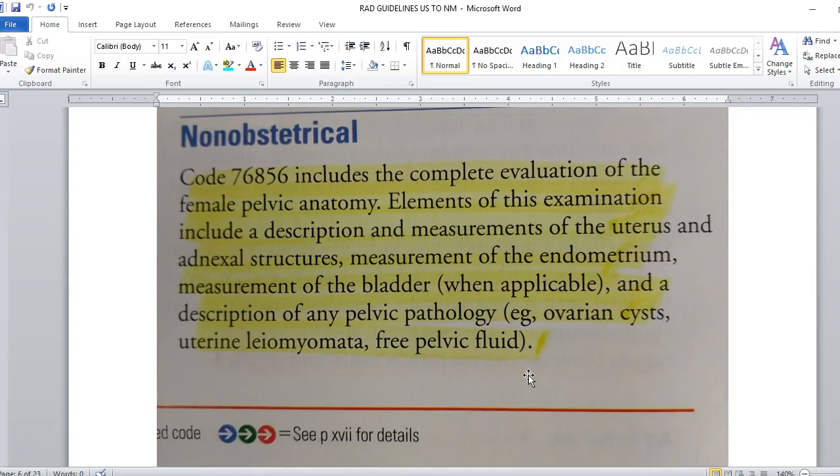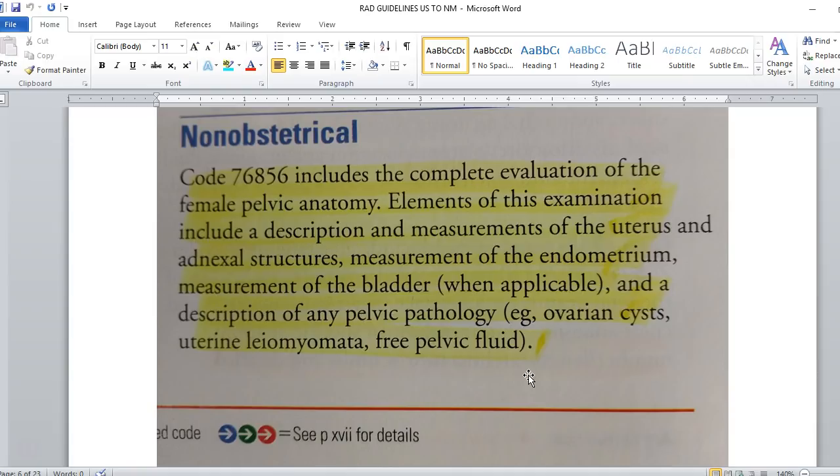Now, again, non-obstetrical, we have to keep in mind, is the woman pregnant or not? Because this is where the code difference comes from. So code 76856 includes complete evaluation of the pelvic anatomy. This includes measurements of the uterus and adnexal structures, measurement of the endometrium, measurement of the bladder when applicable, and description of any pelvic pathology like ovarian cysts, uterine leiomyomata, or free pelvic fluid.